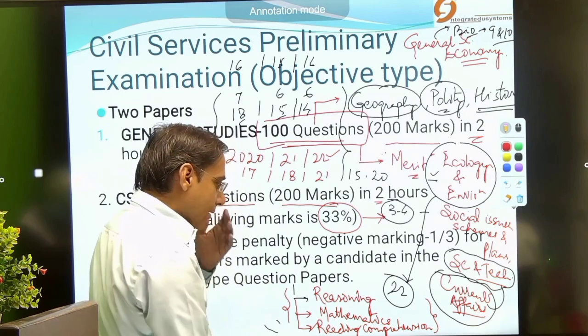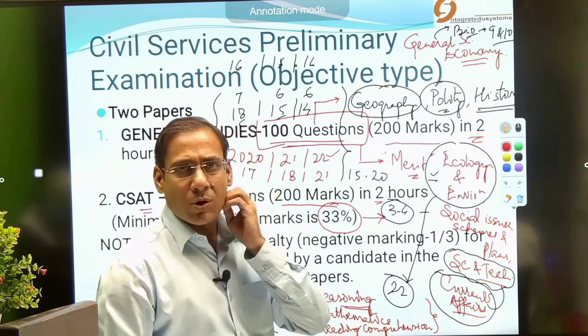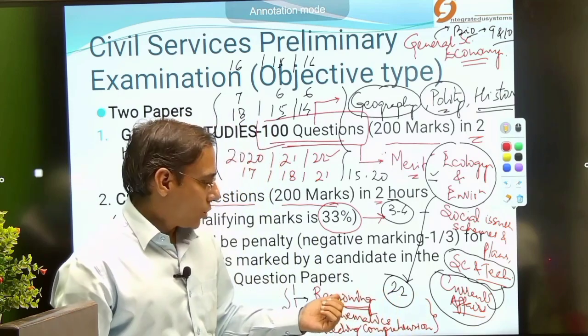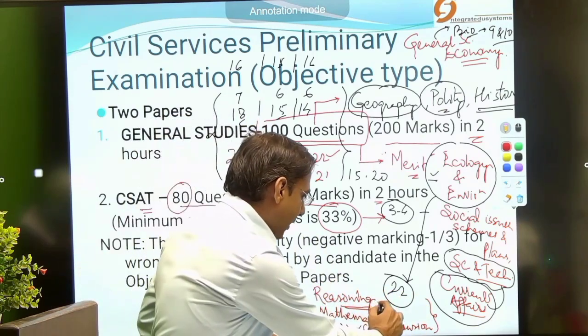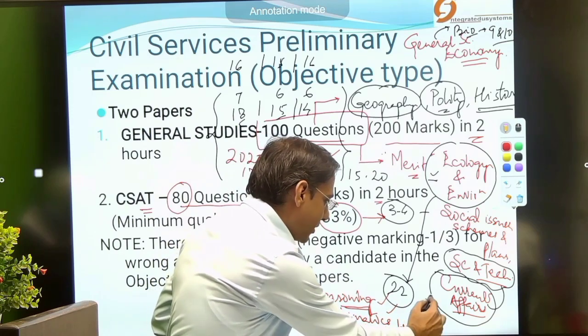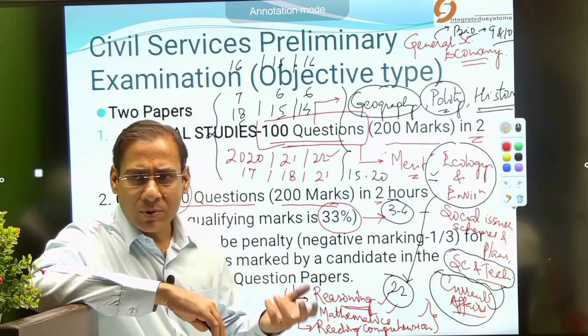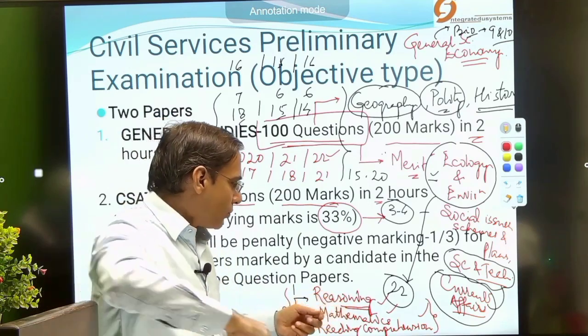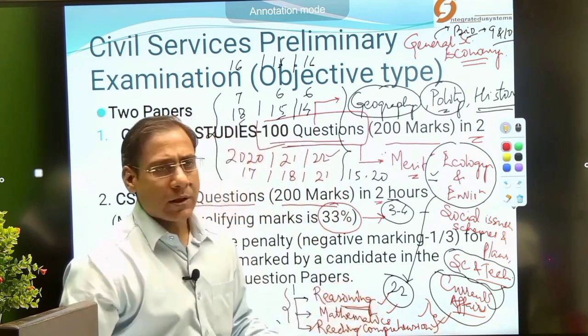The reasoning section has a few questions from syllogism also. What the UPSC wants to check is whether the students have numerical aptitude or not, reasoning aptitude or not, or proficiency and efficiency in reading comprehension.